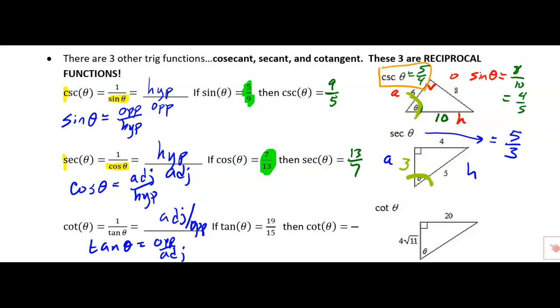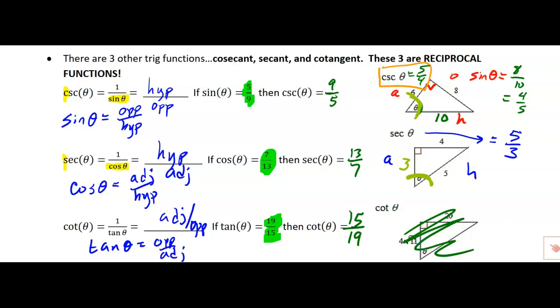All right, if I happen to know that tangent is 19 over 15, I'm not going to do this one because it has a radical and I don't want to.